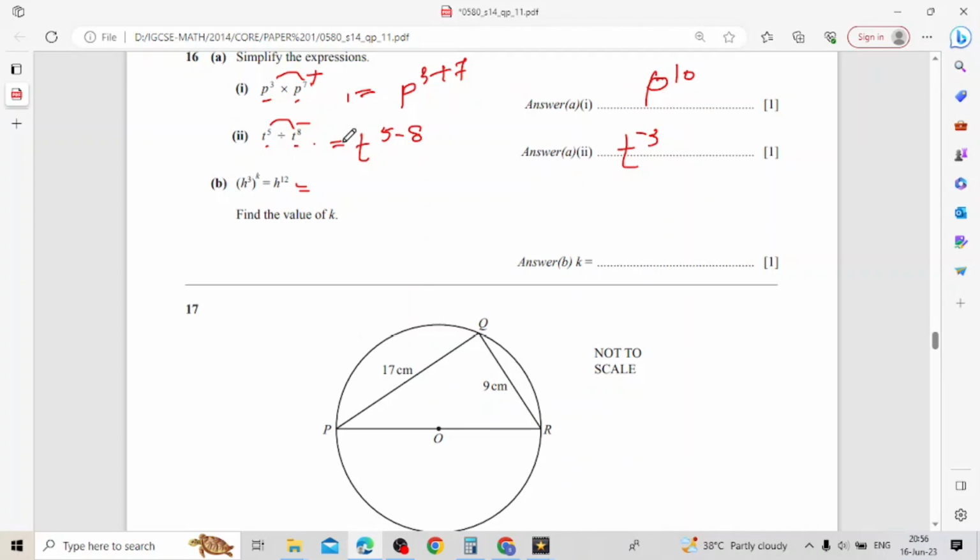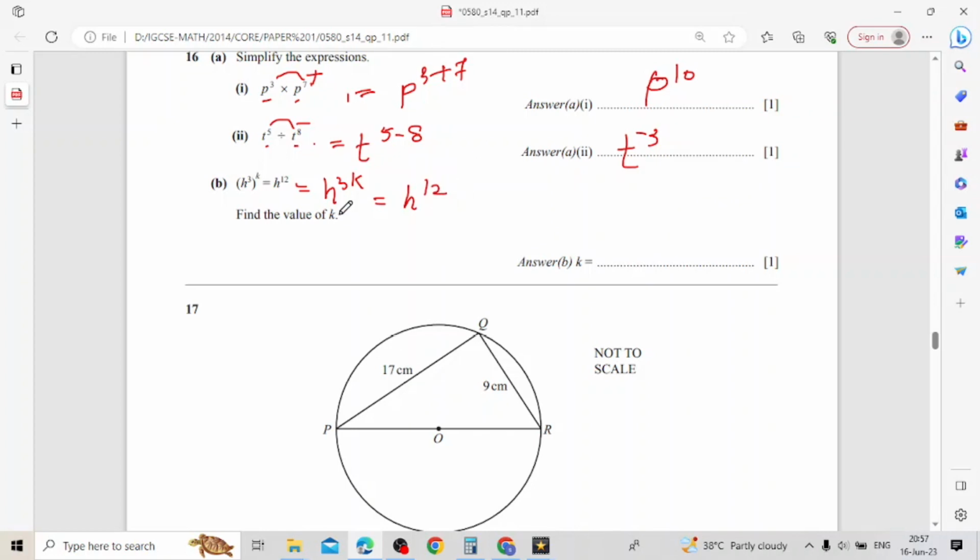Above, the exponents were added and subtracted, and here when you have an exponent over an exponent, those two exponents are multiplied. So we get H raised to 3 times K is equal to H raised to 12.